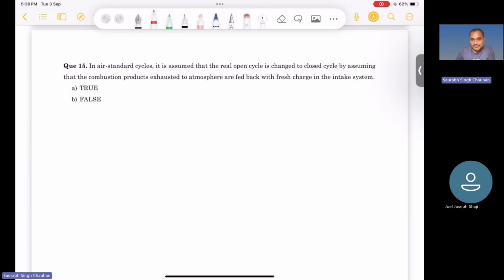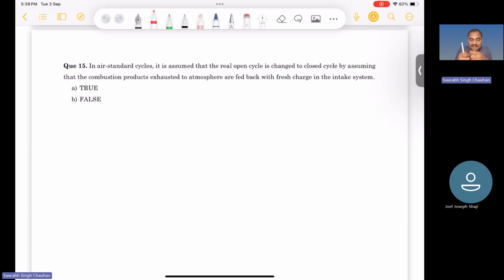What we assume is that whatever combustion products are thrown into the atmosphere are again coming inside the cylinder as the fresh charge. So we assume that the same working fluid is undergoing different processes. That is what is meant by closed cycle.